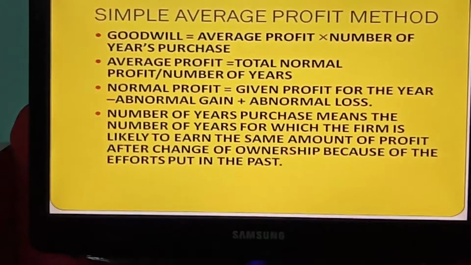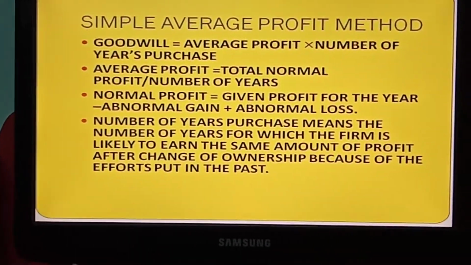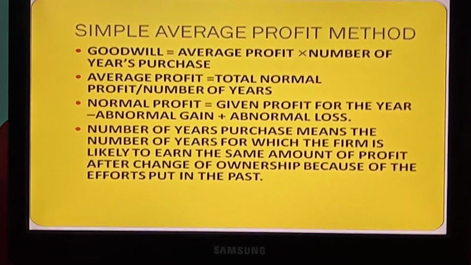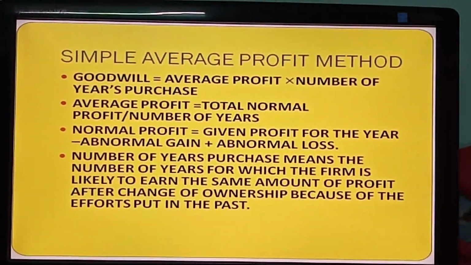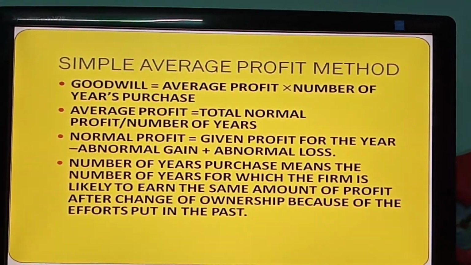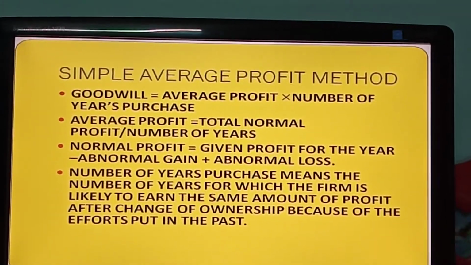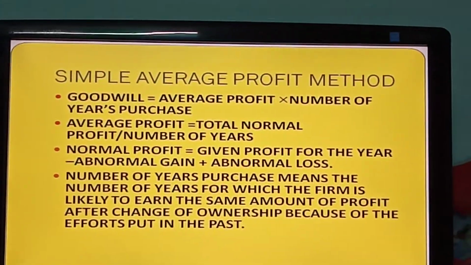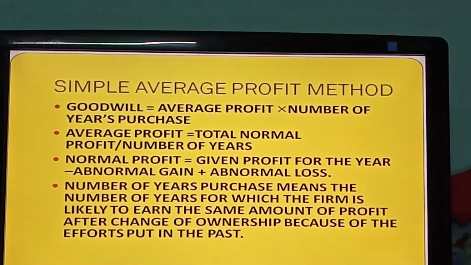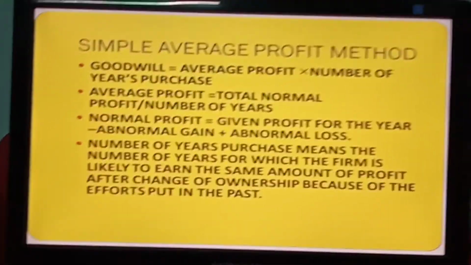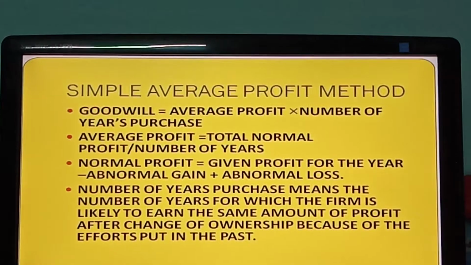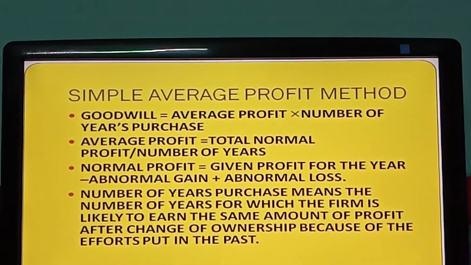When I am using the word normal profit, what it means should be quite clear to all of you. While calculating normal business profit or future maintainable profit on the basis of past profits, any abnormal gain is excluded by deducting it, and any abnormal loss is included by adding it to the past profits.